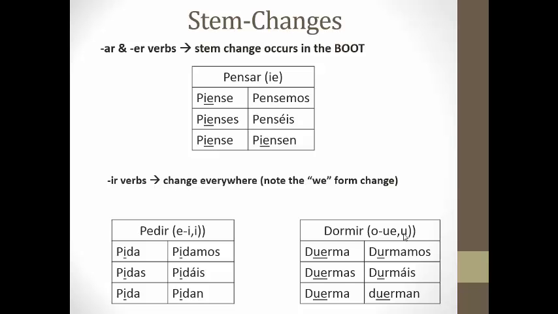So you have to be careful with IR stem changing verbs. They will have a stem change everywhere, but there can only be a one letter change here in the we and the vosotros. So if it's like dormir, where it's O to UE, comma U, or it's like sentirse or sentarse, which is E to IE, comma I, then it only gets a one letter change in the we.